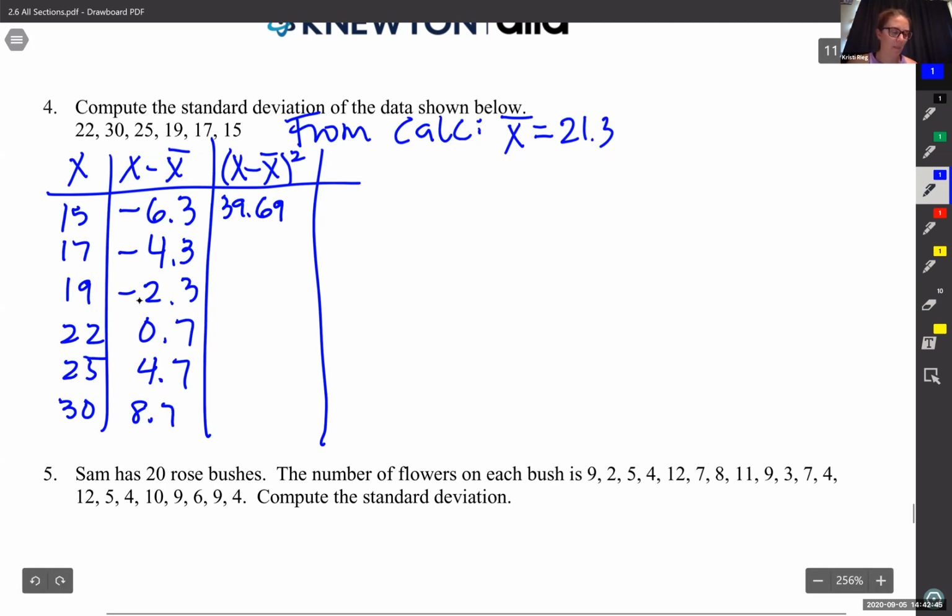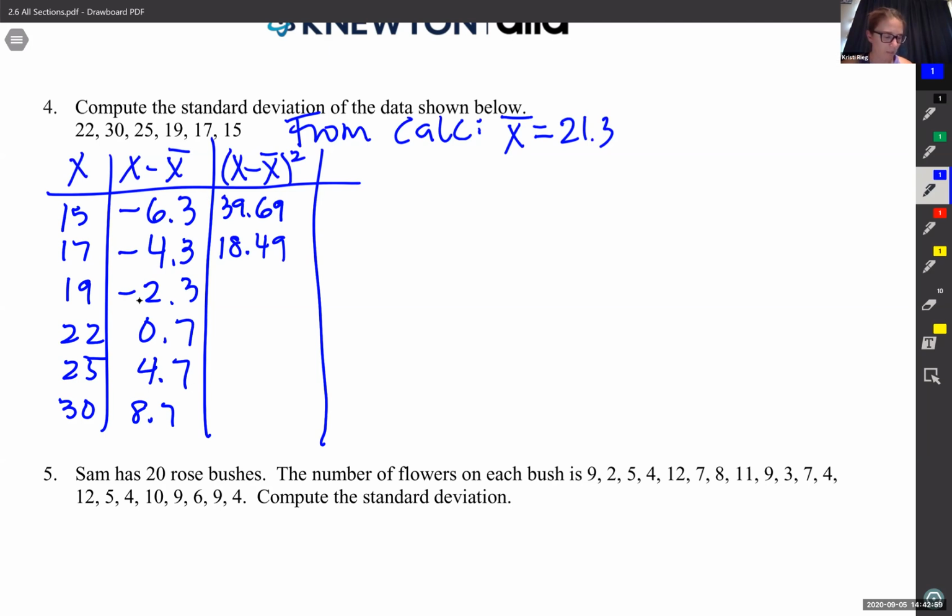All right, negative 4.3 squared, 18.49. Negative 2.3 squared, oops, I forgot to square it, 5.29. 0.7 is just 49, so 0.49. 4.7 is 22.09.